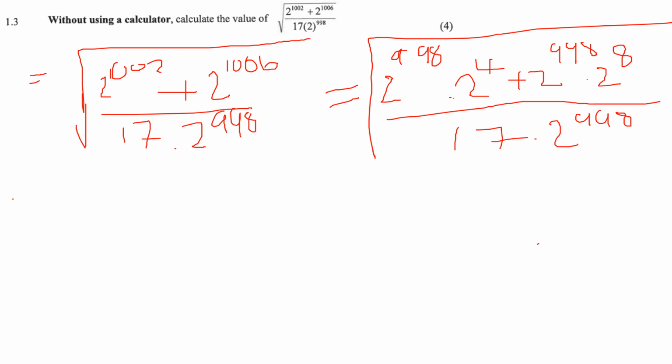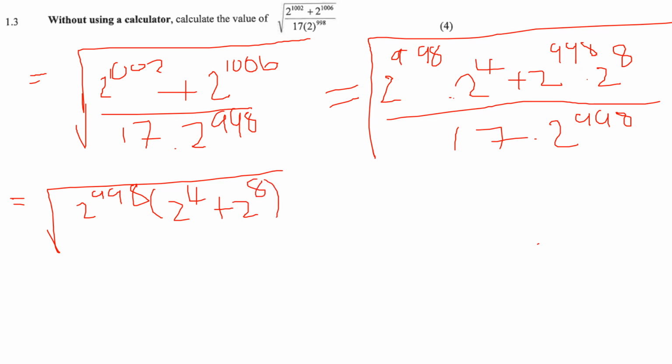So we say equal sign, the square root of 2 to the power of 998 as a common factor. Now we are left with 2 to the power of 4, plus 2 to the power of 8, divided by 17 multiplied by 2 to the power of 998. So you can cancel this out.